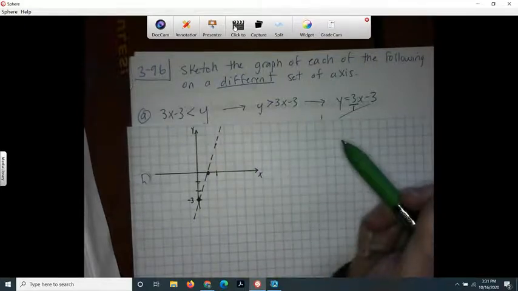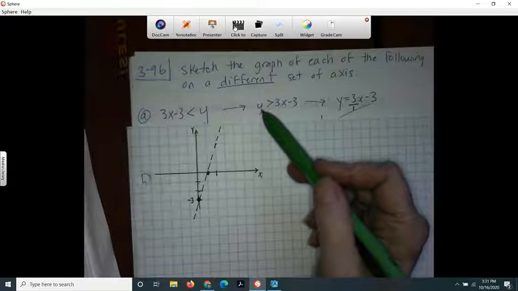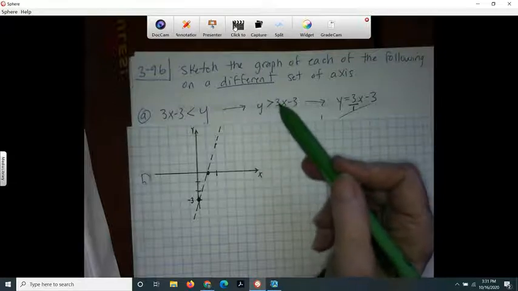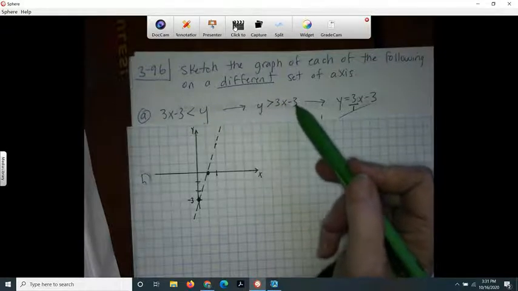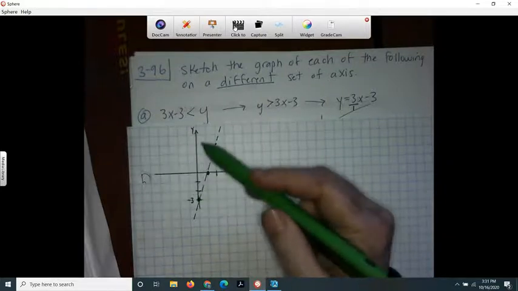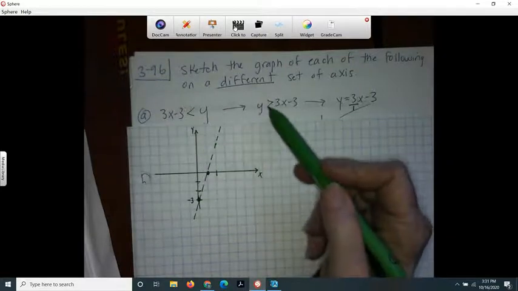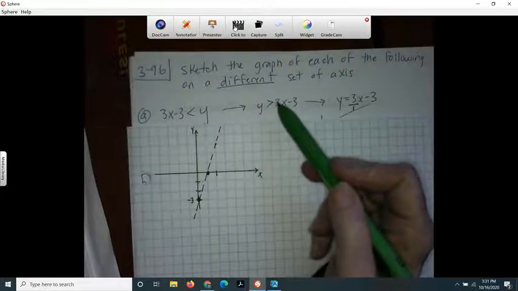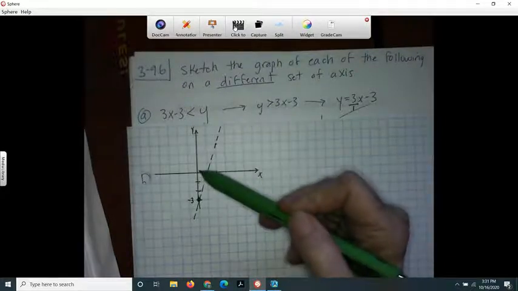I'm supposed to shade because it says y is greater than 3x minus 3, but where do I shade? Should I shade below or above? Well, greater than means above, and just to make sure, I'm going to check the point 0, 0.